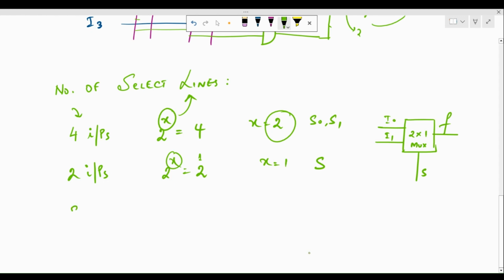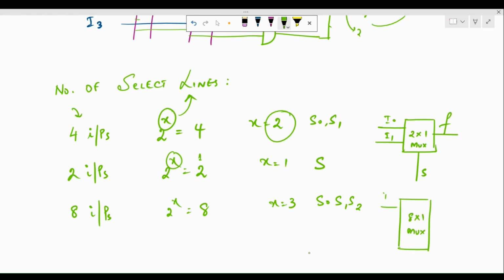Similarly, if I had 8 inputs, then 2 power x would be 8. So here x would be 3. So I would require three select lines, S0, S1, and S2. And the black box would be an 8 cross 1 MUX.